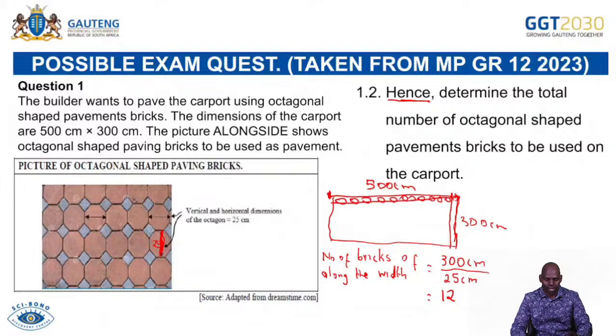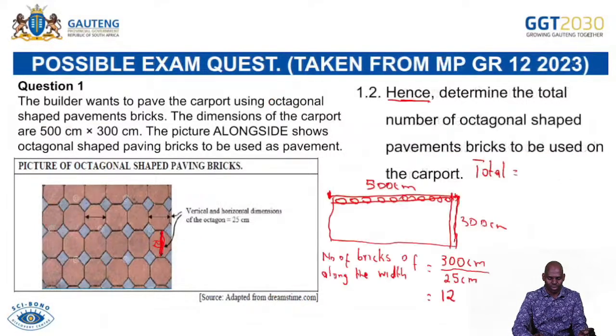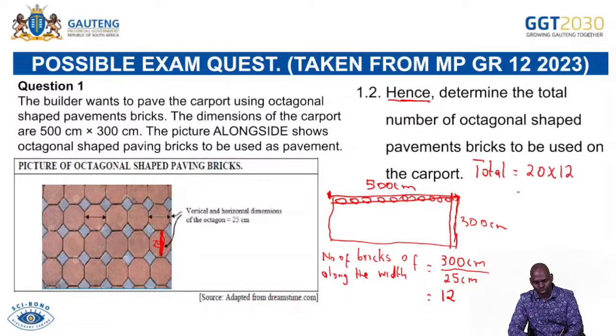So if I have to calculate the total number of bricks that will be needed, I take the previous one, where we calculated 20, and this one, where I calculated 12. So this is just 20 multiplied by 12, and this will give me the number of pavement bricks to be used on the carport. 20 multiplied by 12 is 240.